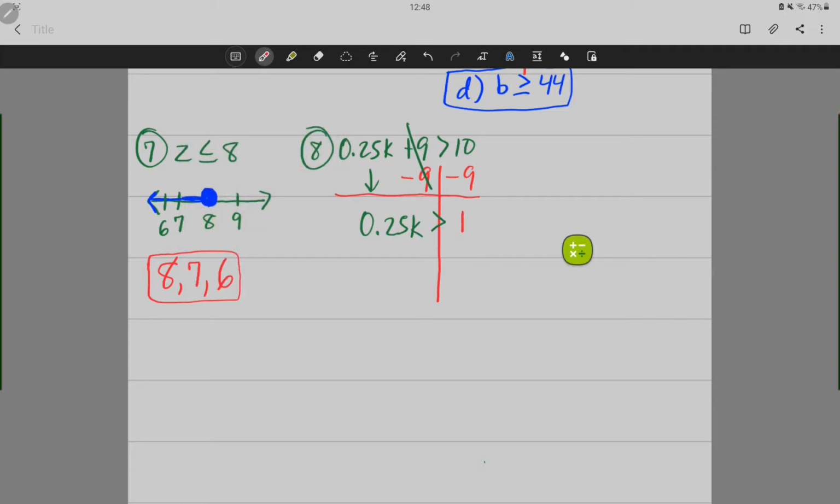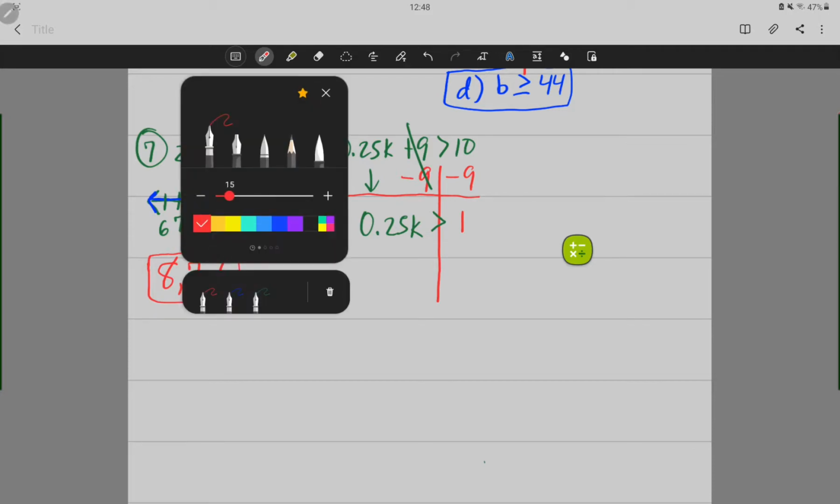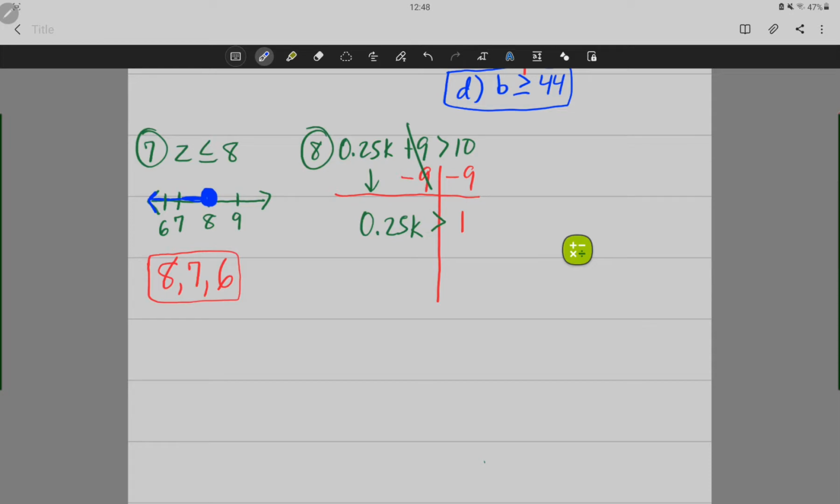So now what operation do we see? We see multiplication, 0.25k, which means 0.25 times k. And since we're looking at multiplication with division, k and our greater than symbol, and 1 divided by 0.25 is 4.